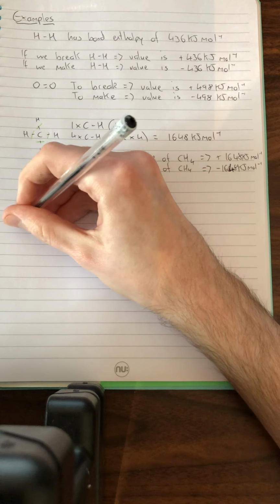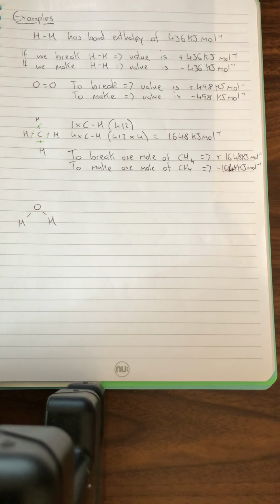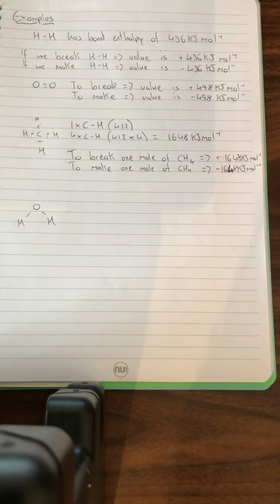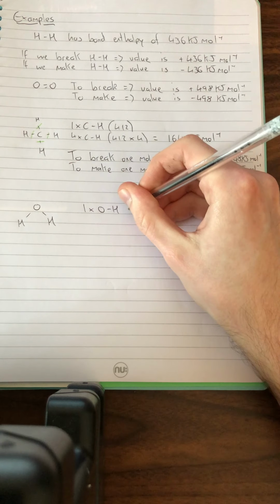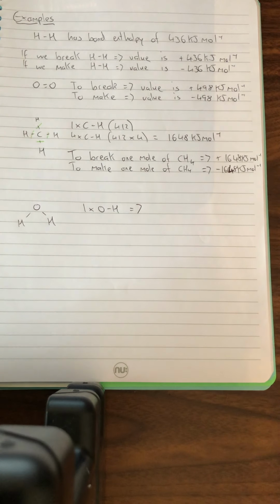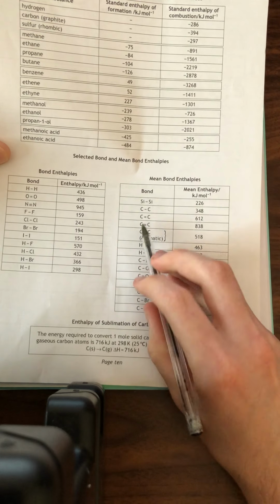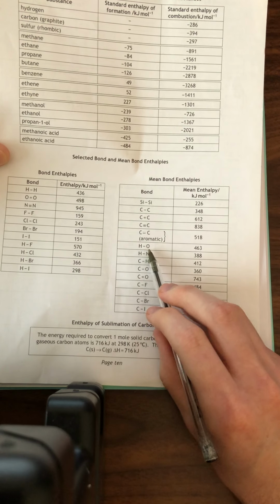Now, let's do the last one. Water. Looks like that. It's an angular, bent shape, okay? You'll notice what type of bond does it have? It has O–H bonds. Let's look at our data book. Where do we see O–H? There it is. It's written a wee bit different. It's H–O, but it's still an O–H, okay?